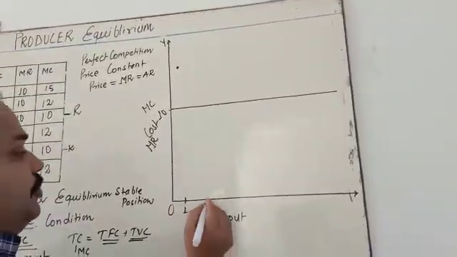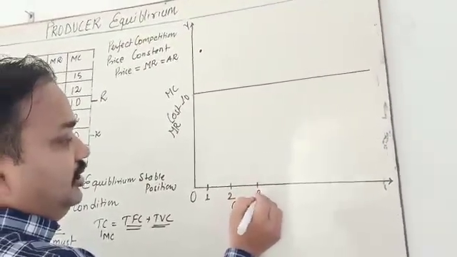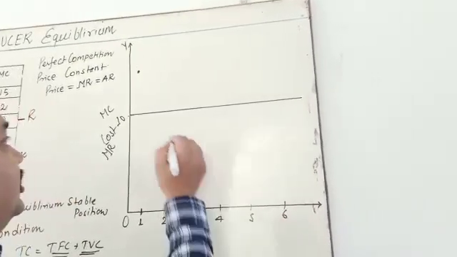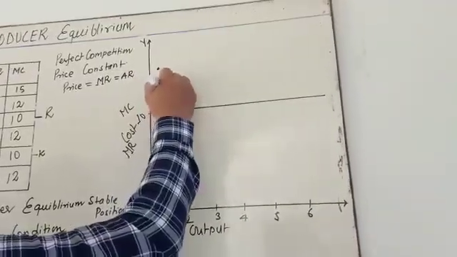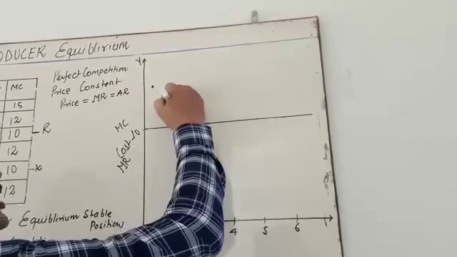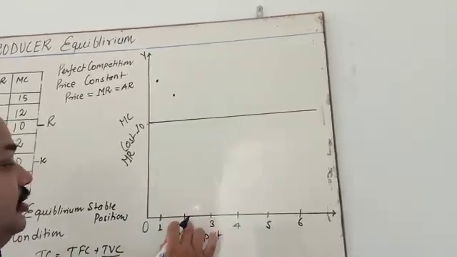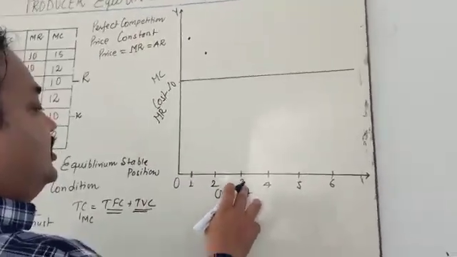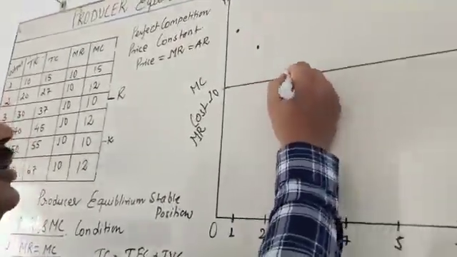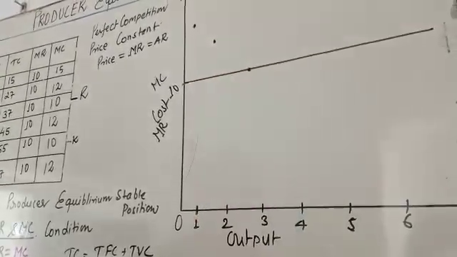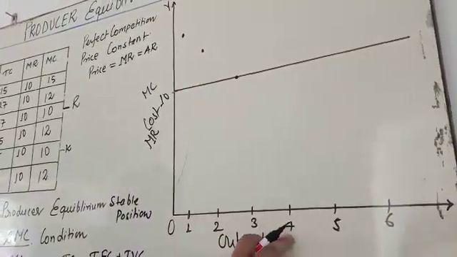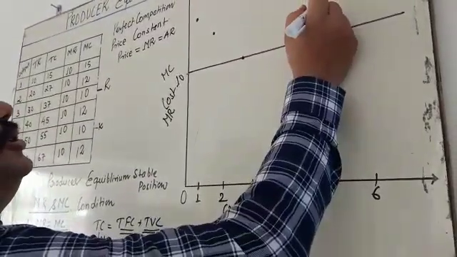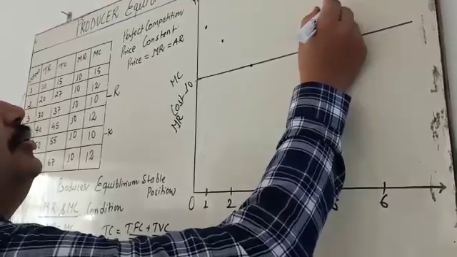Here output is 2, 3, 4, 5 and 6. Again, what do you observe? The marginal cost decreases when the output is 2. When output is 3, marginal cost is 10 rupees. At output 4, the marginal cost is again 12 rupees.